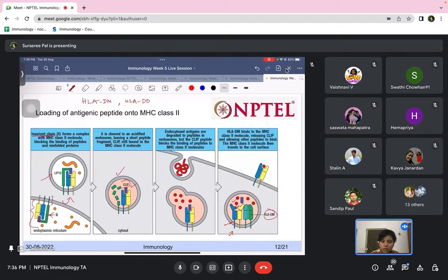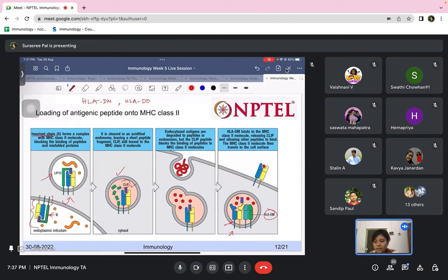The binding of HLA-DM induces changes in the structure of the MHC class 2 molecule and holds this part of the peptide binding groove in a partially open configuration. So here you can see that this is kind of an open conformation, right?